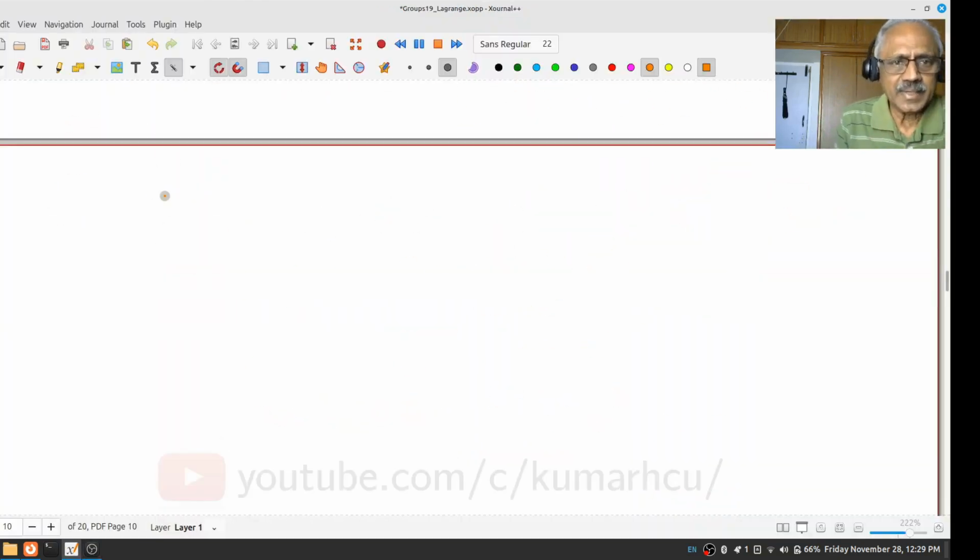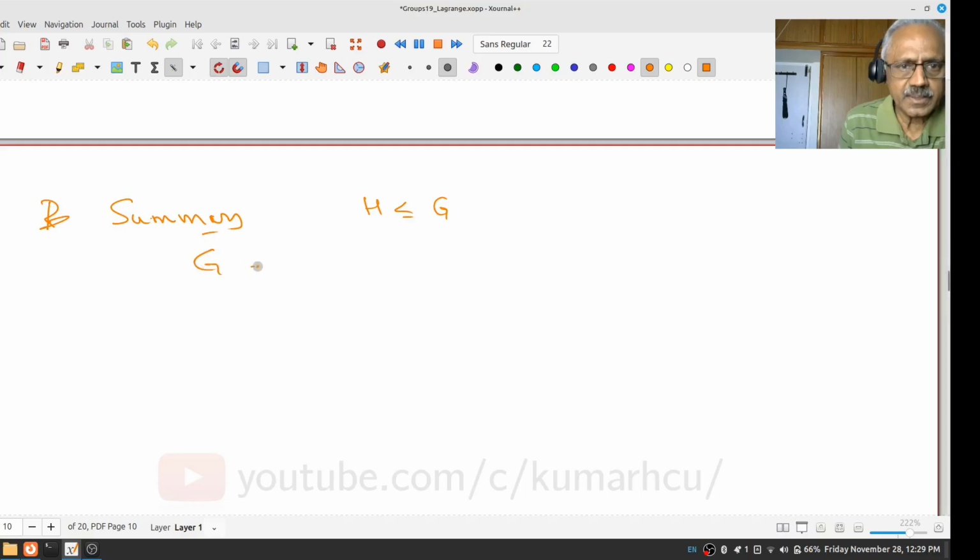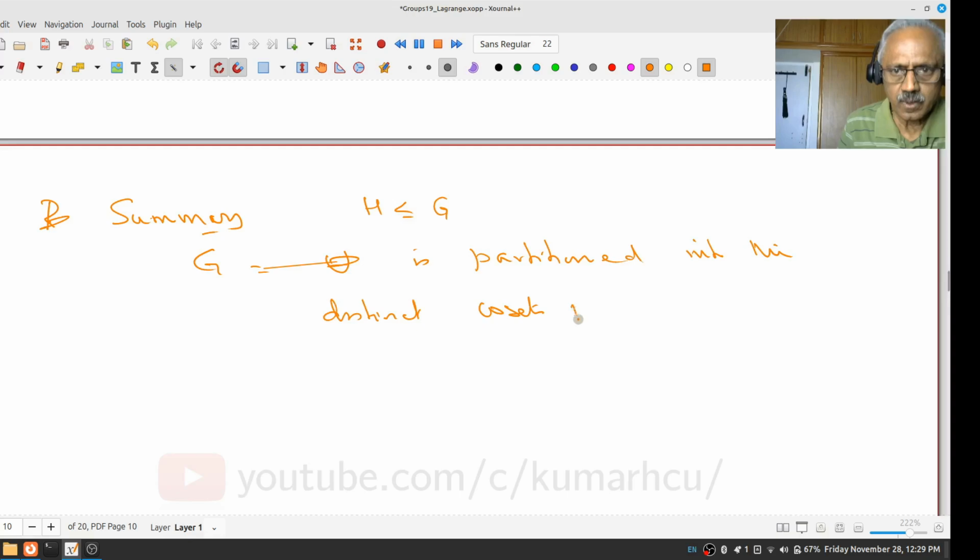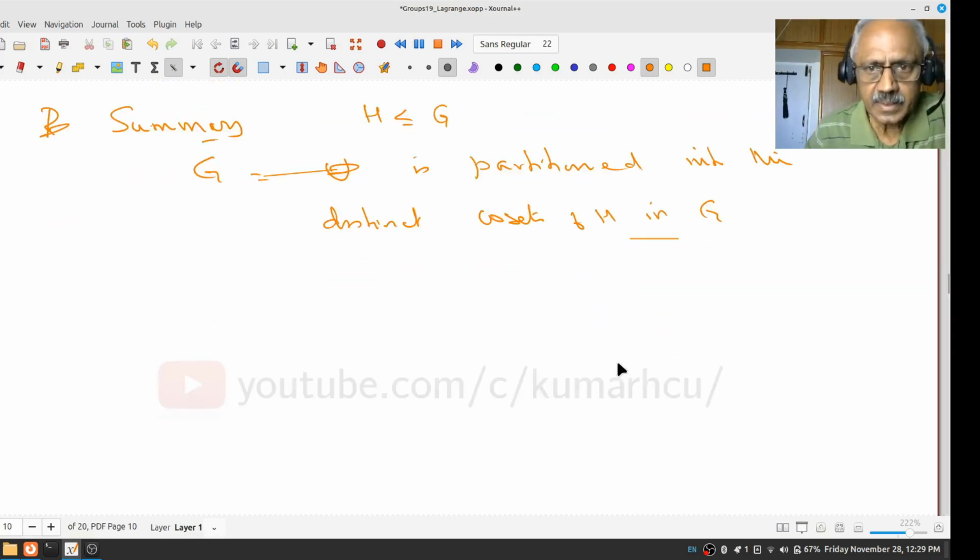So what have we done? Summary. If H is a subgroup of G, then G is partitioned into the distinct cosets of H in G. Right?